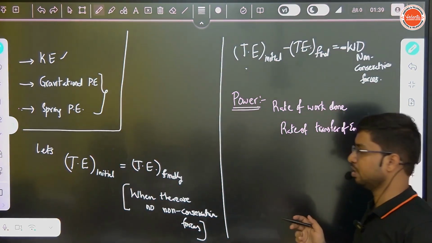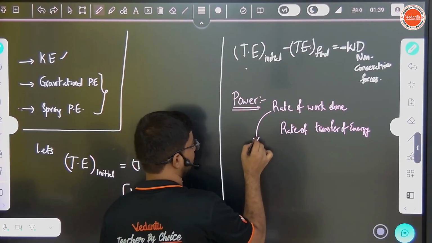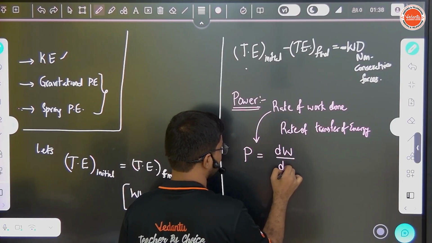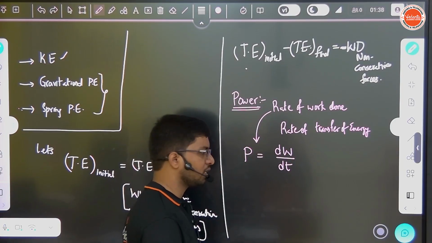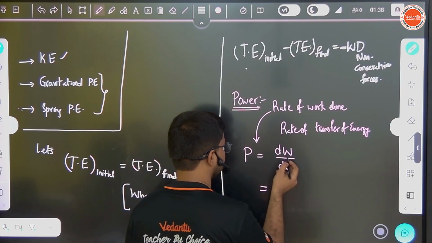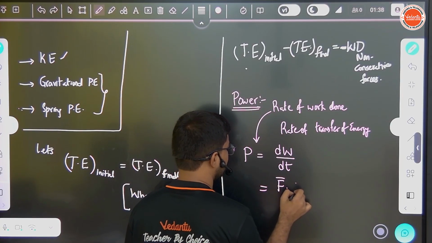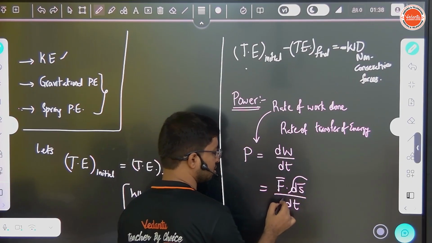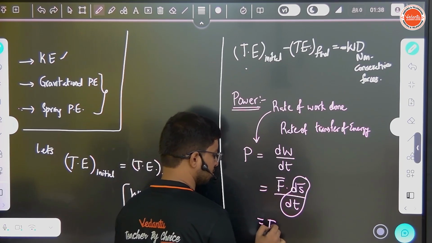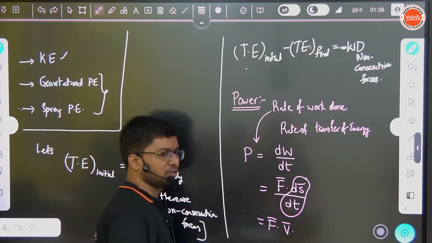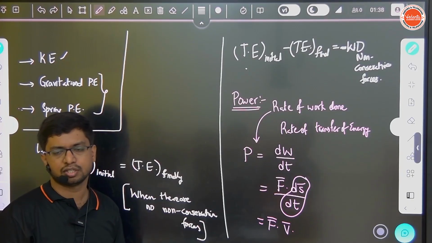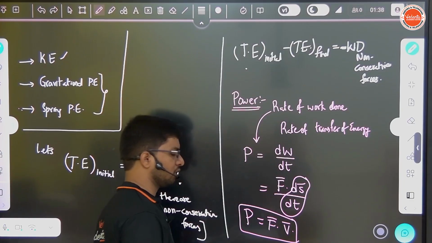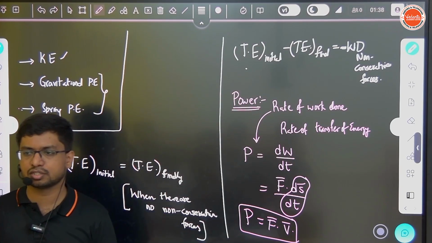Both are one and the same, right? Now, if you take the rate of work done definition, I can write this as dW divided by dt, right? What is dW? F bar dot ds bar, divided by dt here, right? And what is ds bar by dt? Yes, which is your F bar dot V bar. Clear with this, right? So mathematically, power also can be calculated using this particular formula. Clear with this, right?